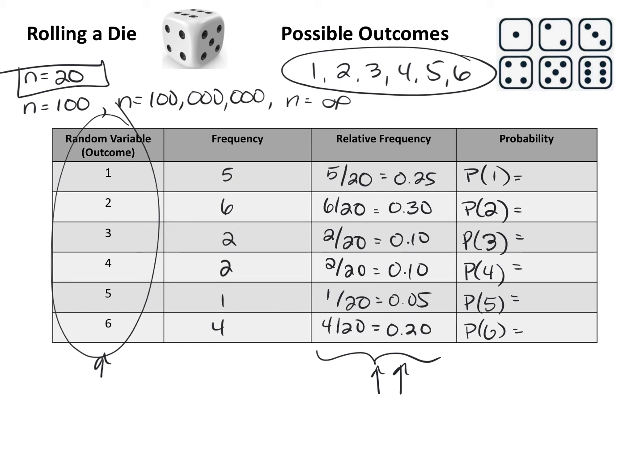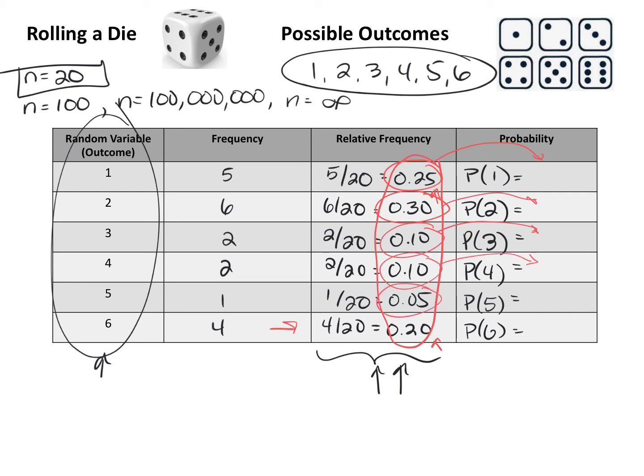As I roll the die more and more times, these relative frequencies are going to change. I could roll the die 5 more times, and let's say six shows up 5 times in a row. Then this 0.20 is going to start going up, and all these other percentages are going to go down. These percentages go up and down as I roll the die more and more times. But the big idea is that over the long run, each of these relative frequencies is going to start approaching the true probability for each possible outcome.